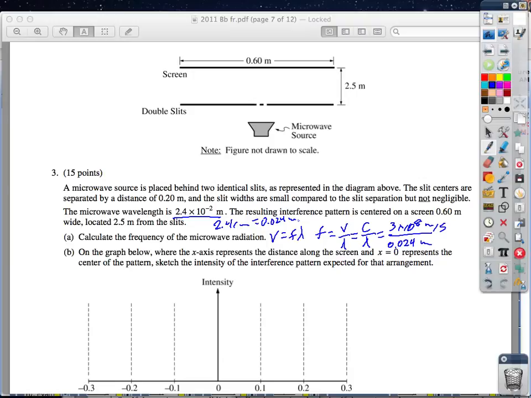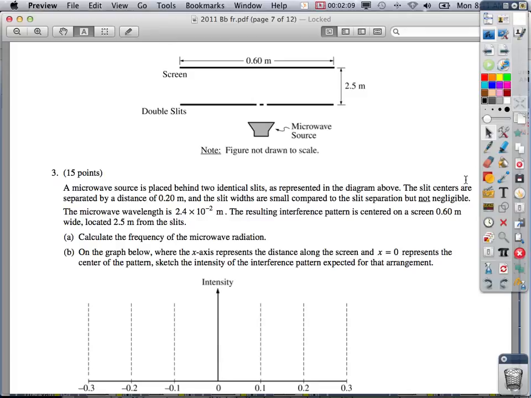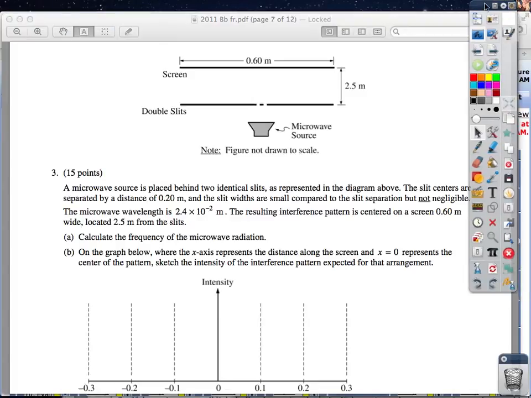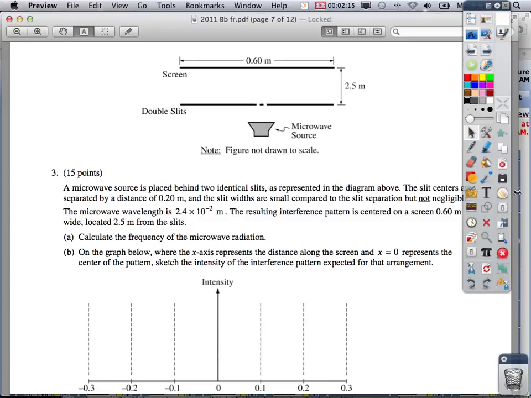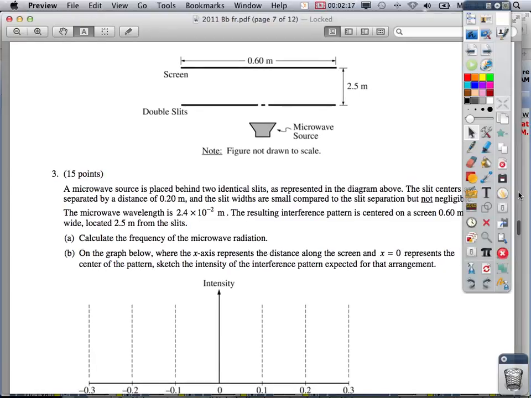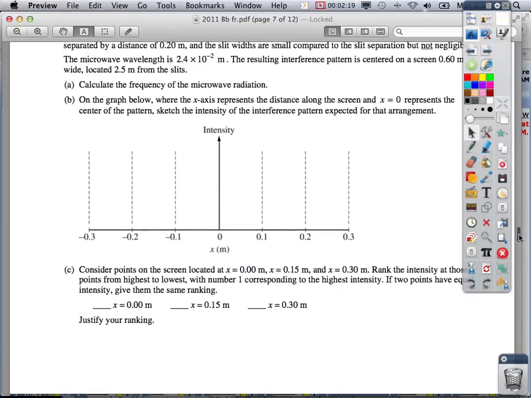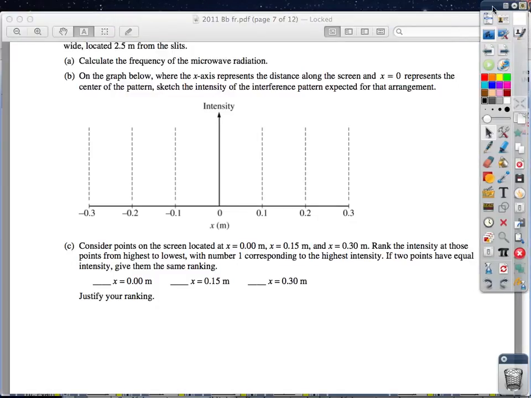Okay? Then on the graph below, where the x-axis represents the distance along the screen, and zero represents the center of the pattern, sketch the intensity of the interference pattern.